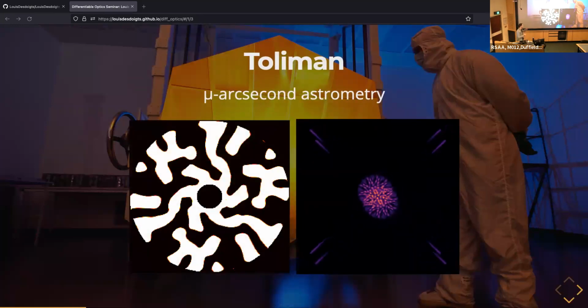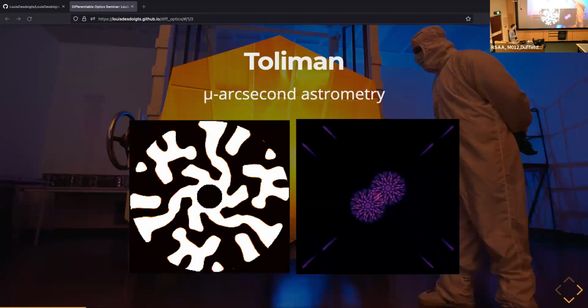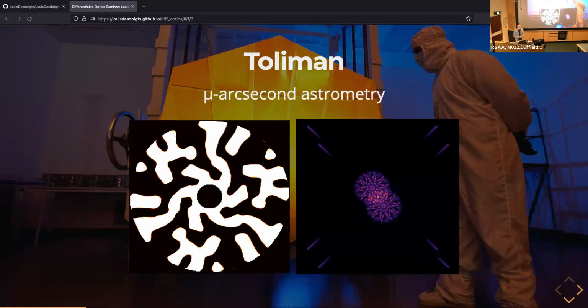Also the Tolman mission, this is one thing that they've been working on a lot. It is a mission trying to detect a habitable Earth-like exoplanet around the Alpha Centauri system by doing relative binary astrometry. We're expecting about a micro arcsecond signal, which would correspond to about 1 million times smaller than a single pixel on our detector, which is pretty ambitious.